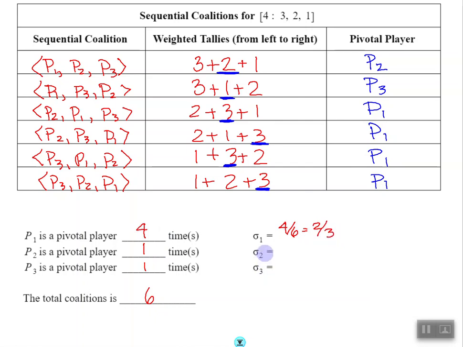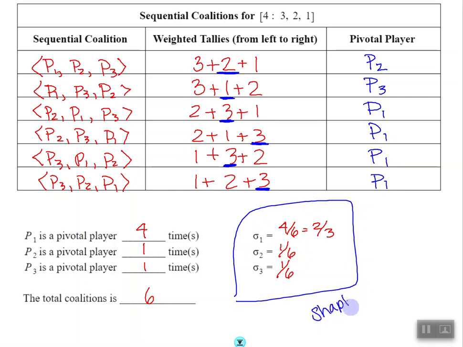Player 2 is the pivotal player 1 out of 6 times, and player 3 is the pivotal player 1 out of 6 times. So this right here is the Shapley-Shubik power distribution, because it lists out the power of all of the players.